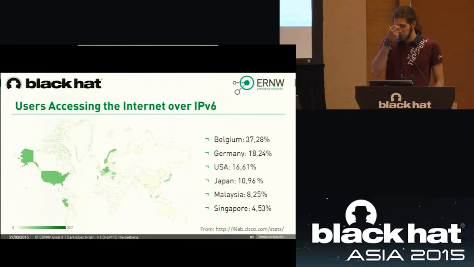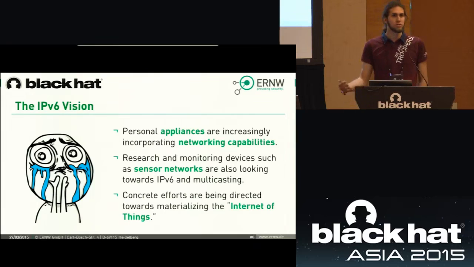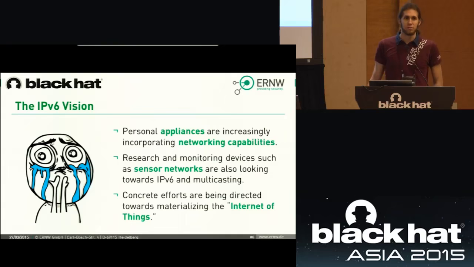And as we take a little look at the user amount, this is not that big as web content, but steadily growing, at least in Europe and America, but in Asia as well. So the IPv6 vision, the Internet of Things: everything is connected, your TV, your fridge, your phone, your watch, everything wants to connect with the Internet, and this will all rely on IPv6.